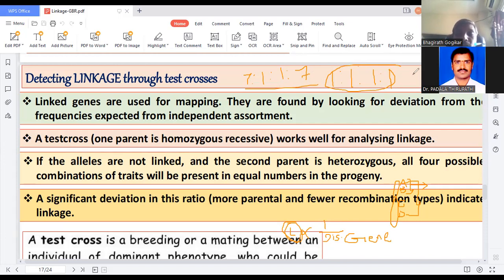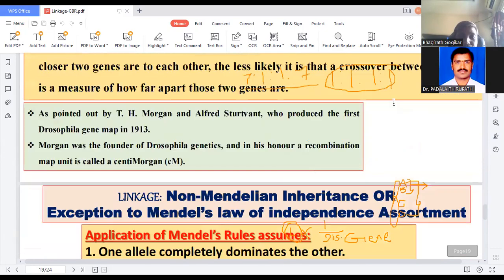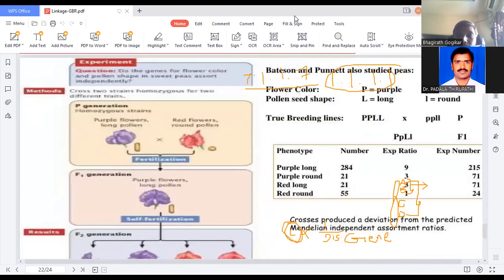So for example, if I go through the chart, just you can go for here. See this. Flower color purple and red, pollen shape long and round.